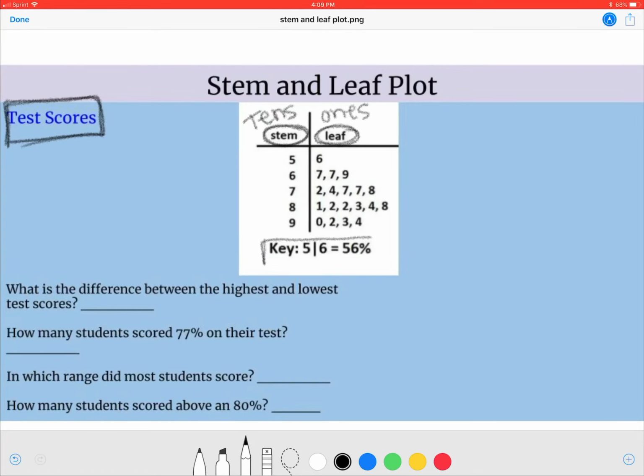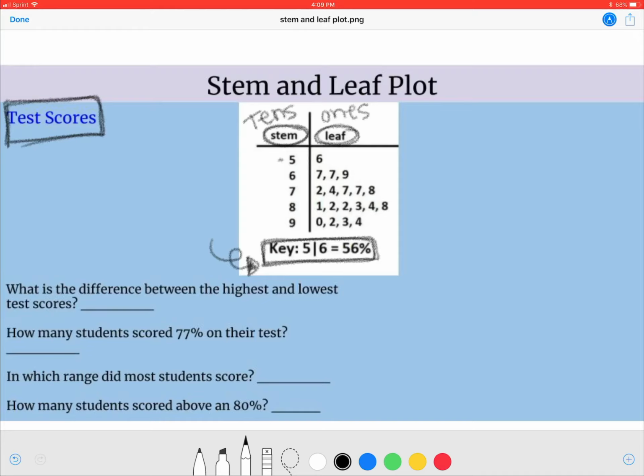Before I move on to doing anything else, I want to make sure that I always look at the key first. No matter what type of graph I'm looking at, the key is going to be super important because it's going to tell me how I should be reading these numbers. It tells me that 5 | 6 equals 56%. So it's telling me how to read the stem and leaf plot.